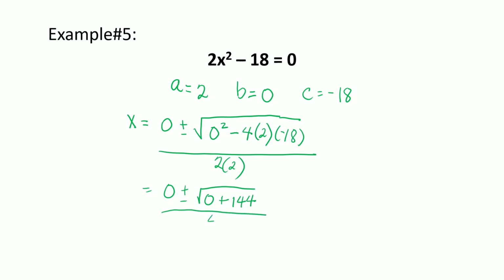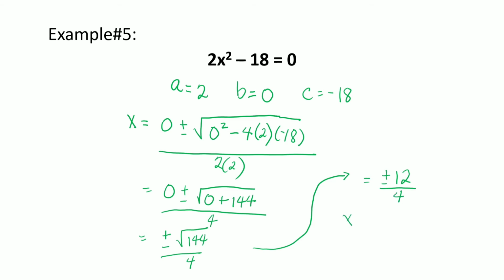2 times 2 is 4. So that will be 0 plus minus. We can just write plus minus. Then square root of 144 all over 4. And then the square root of 144 is what? 12, over 4.